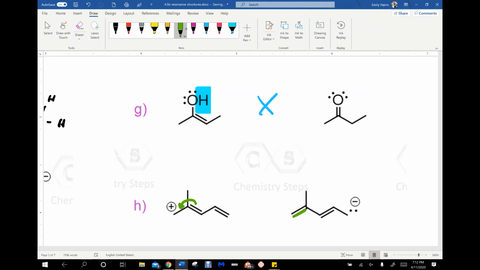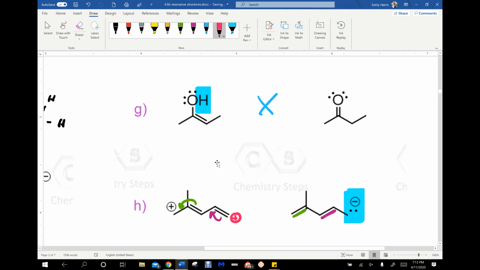So that would create this double bond here, okay? And then we likewise could move this double bond over to form the new double bond that we see there. However, this negative charge shouldn't be there because if electrons are being transferred away from this carbon, this should develop a positive charge instead.